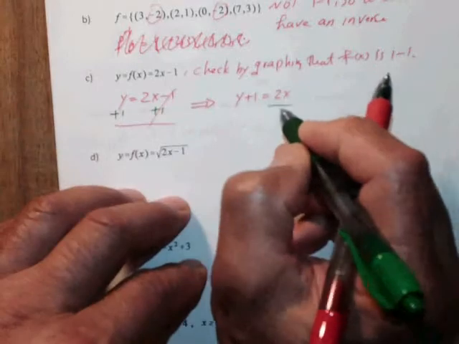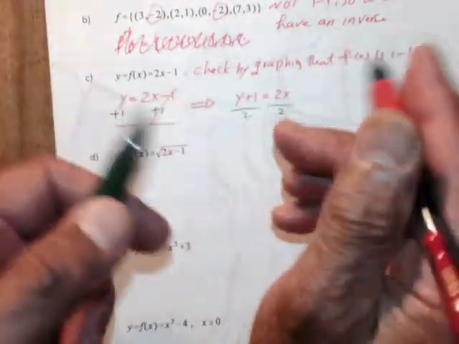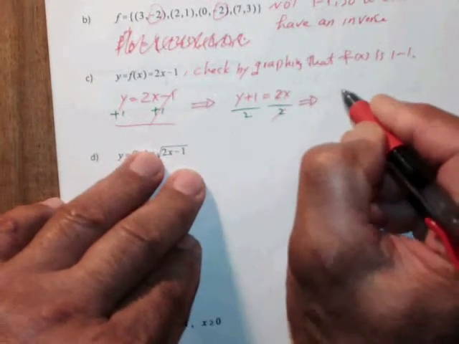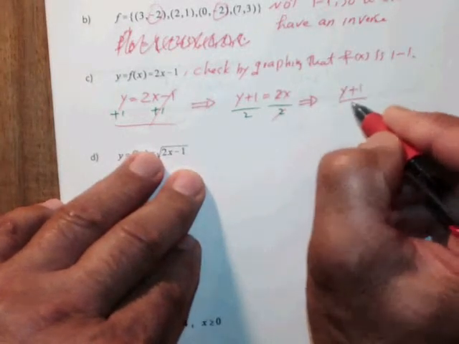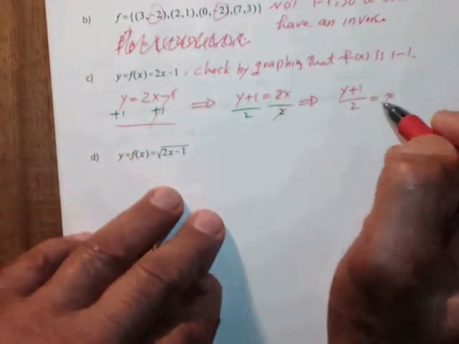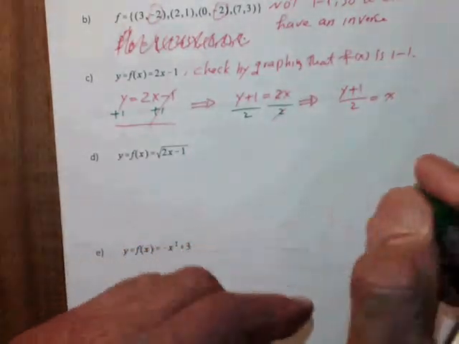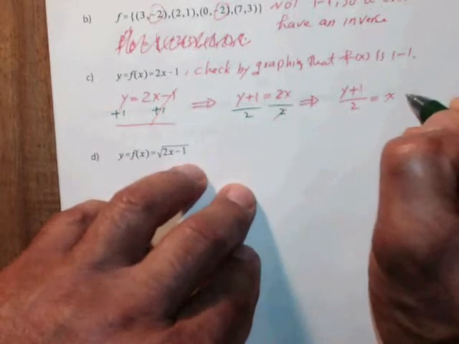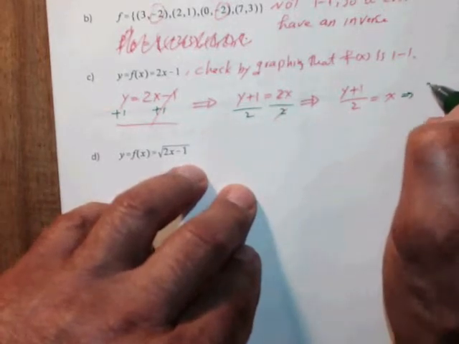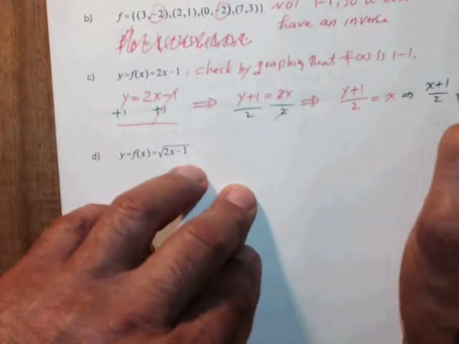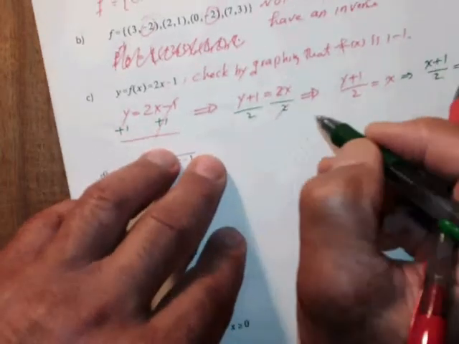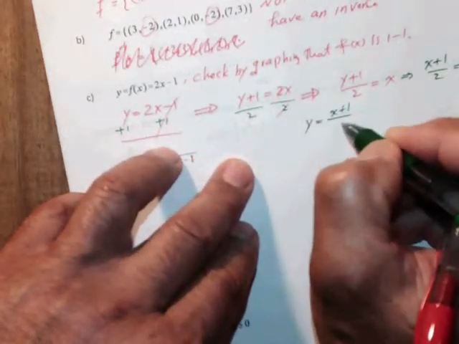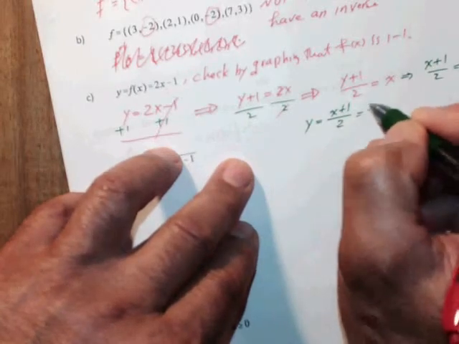Then I divide both sides by 2, then this 2 cancels this 2, I get y plus 1 over 2 is equal to x. Then I change x to y, y to x. So I write this one as x plus 1 over 2 is equal to y, or usually write y first. Y equal to x plus 1 over 2, and this is the inverse function.